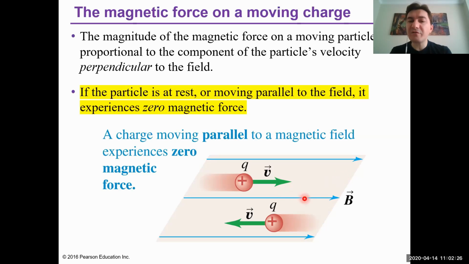What about the force due to the magnetic field on that charged particle? The force is zero, because a charge moving parallel to a magnetic field experiences zero magnetic force. We will explain why. It comes from the force formula in the case of magnetic fields.